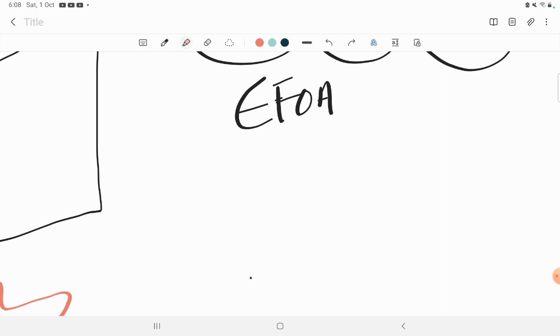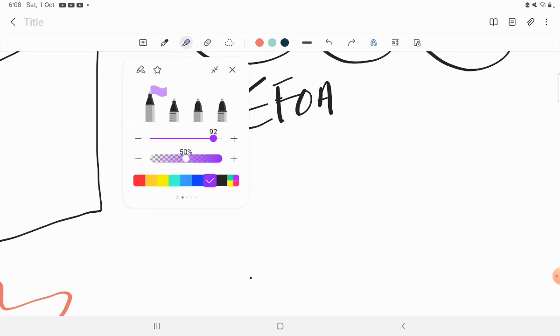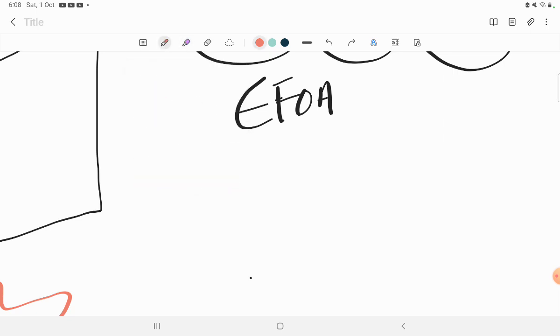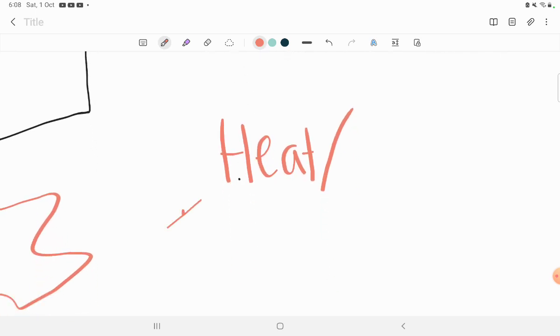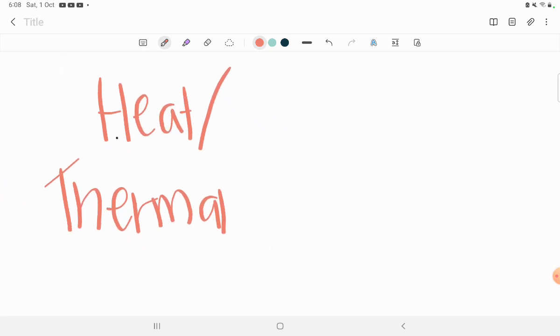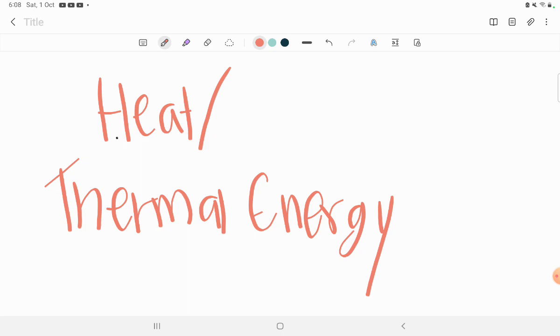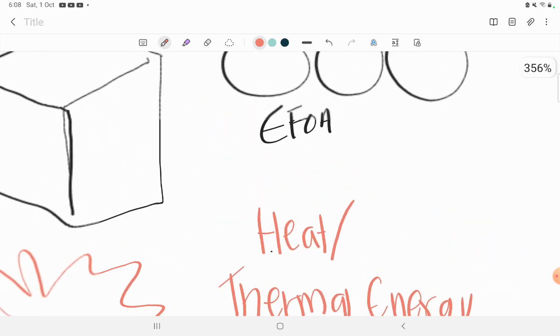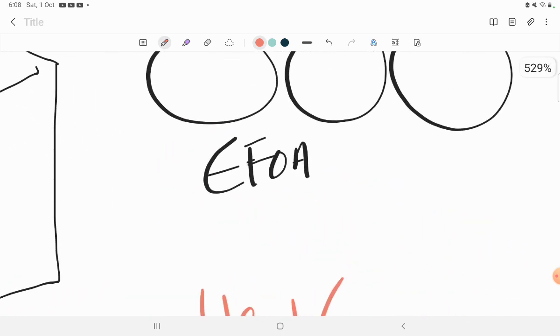I want this to be purple, and this will be orange. So the flame has heat, and heat is basically thermal energy, right? So this thermal energy doesn't break the electrostatic forces of attraction.